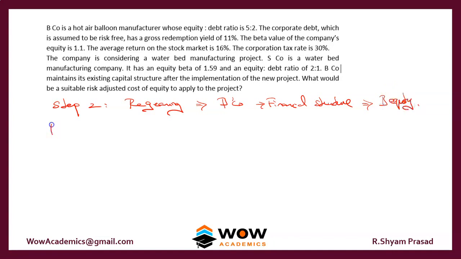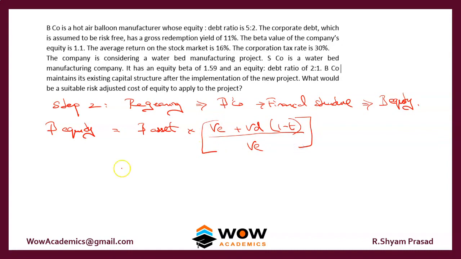So we'll again write the formula. Ungeared equity beta equals asset beta into VE plus VD 1 minus T divided by VE. So now we will see the numbers.